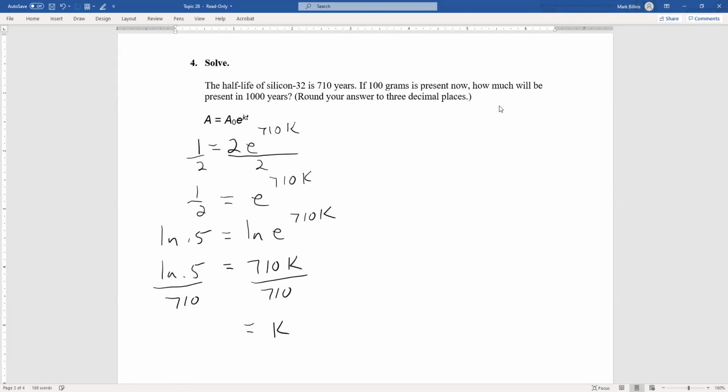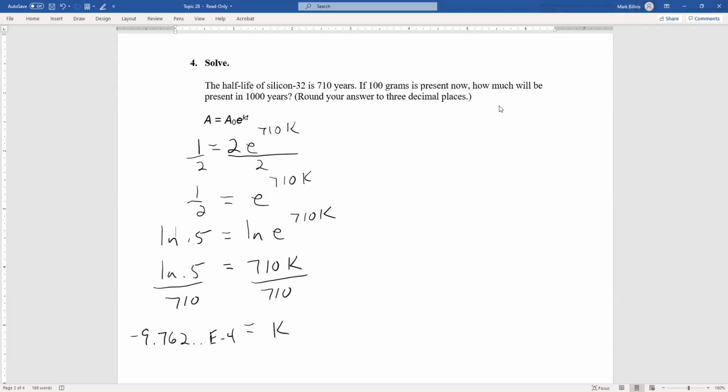Next, I'm going to divide both sides by 710. Now you're going to put this into your calculator in order to find what K equals. So we're going to take the natural log of 0.5 over 710. And that's going to give me negative 9.762, etc. And again, it's going to give us that e to the negative fourth at the end.